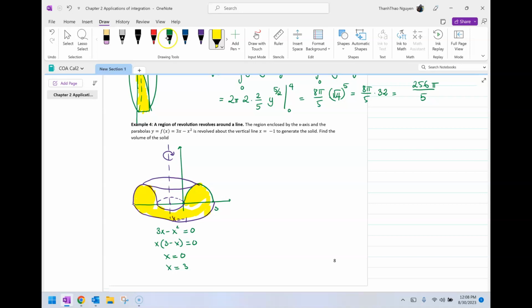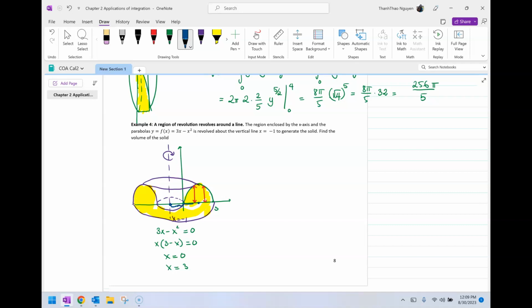Note that now the height of our cylinder is still f of x. However, the radius of that cylinder, wherever that is, is x plus 1. So here you already have 1 unit, right?